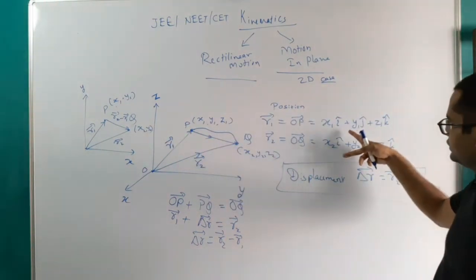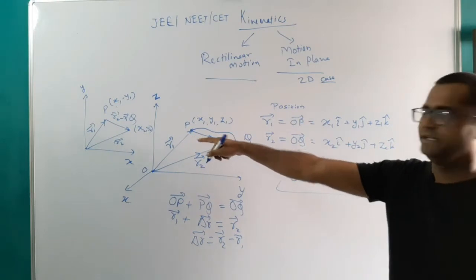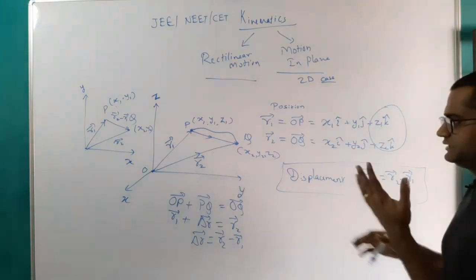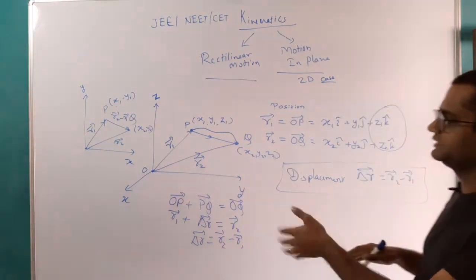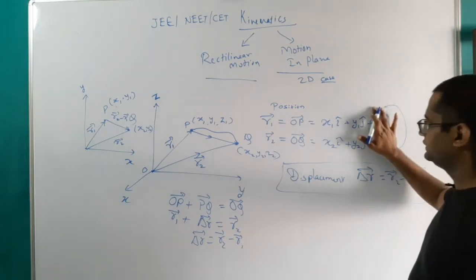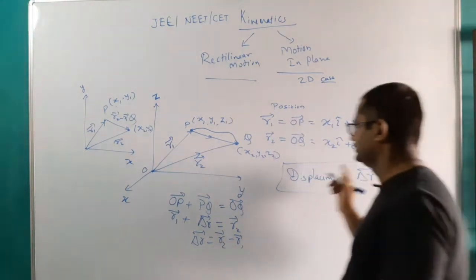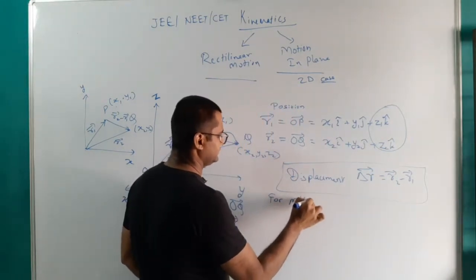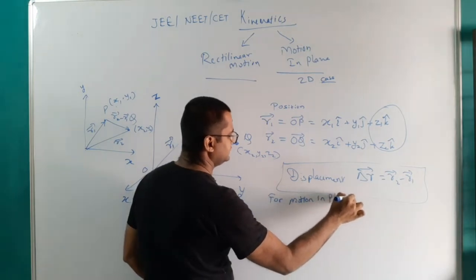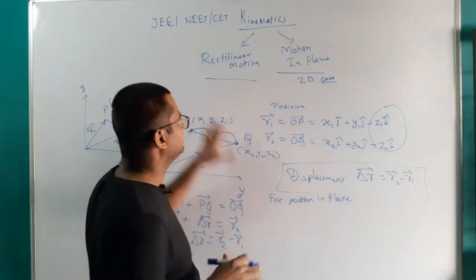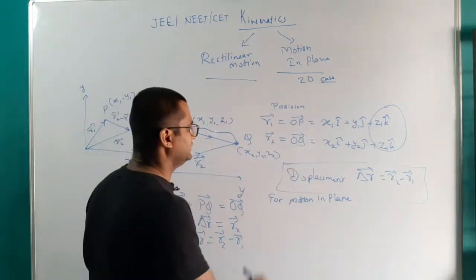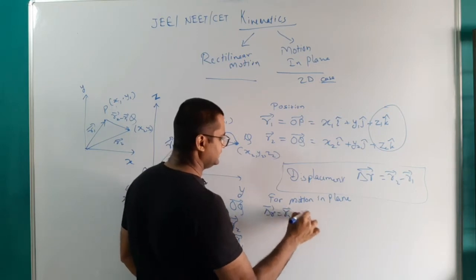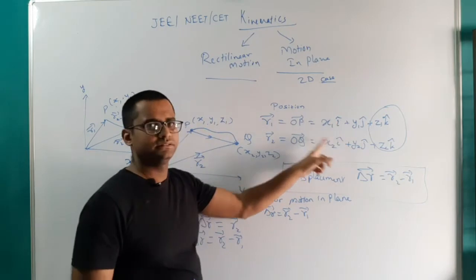So in the planar case, in motion in a plane, we are not considering this part. Since the object is in a plane, there is no z component or no z part of the motion. So if we forget this, this will be r1 vector and this will be r2 vector. For motion on a plane surface, like if the object is moving on the surface of this board, the displacement vector is again r2 vector minus r1 vector, but these r2 and r1 are different.